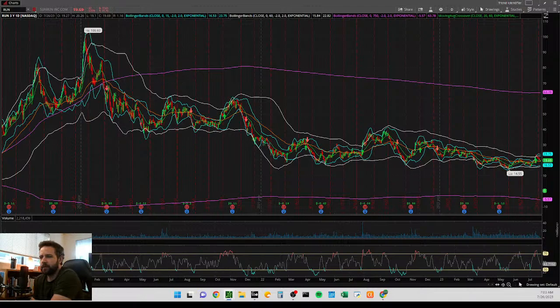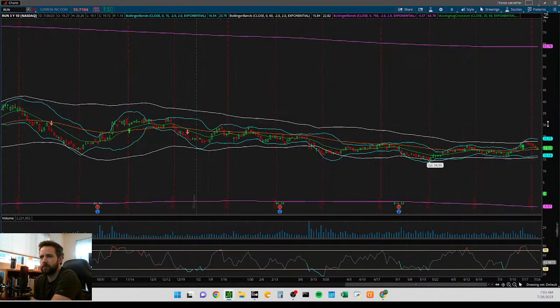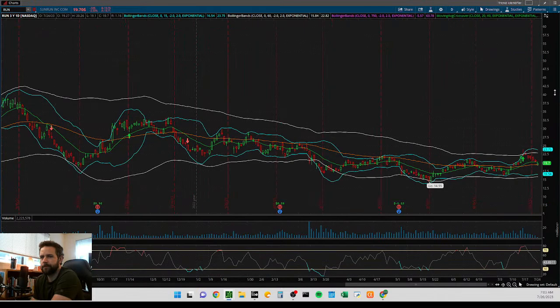Okay, so Sunrun. Just talking about solar. Here's one that is technically bullish, and it's pulled back. I see it as having significantly pulled back on my other screen. I'm gonna buy 50 basis points of Sunrun.